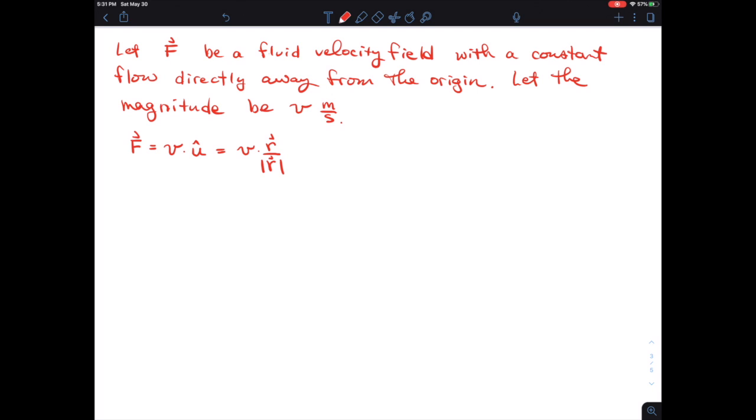Just remembering that R, being a position vector, would just be x, y, z, and then the magnitude of that is standard. Okay, like that.